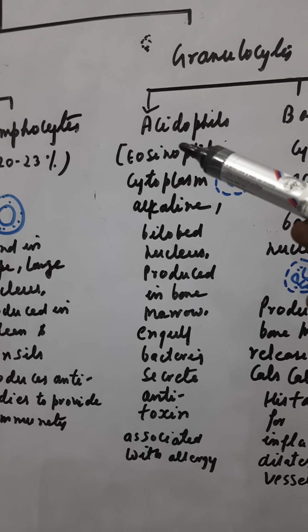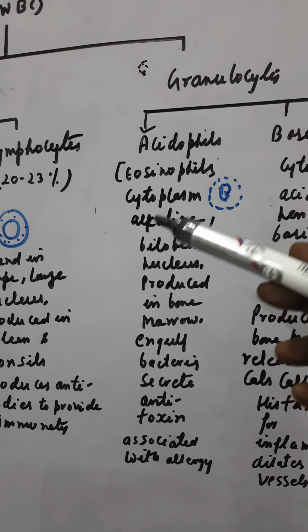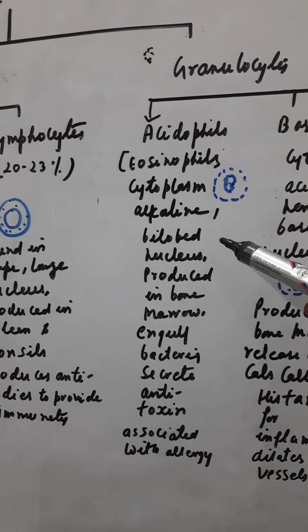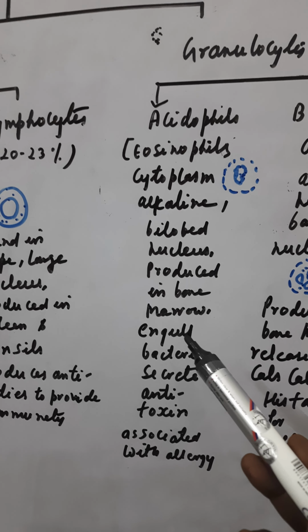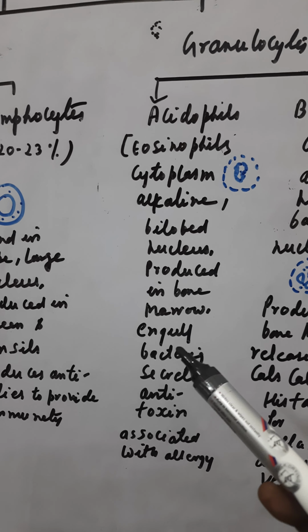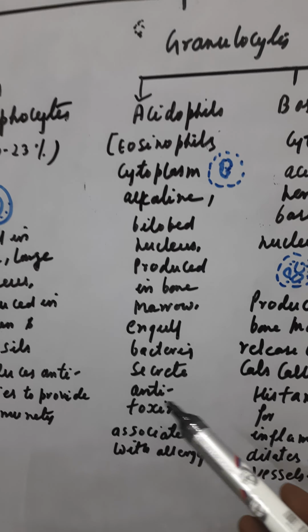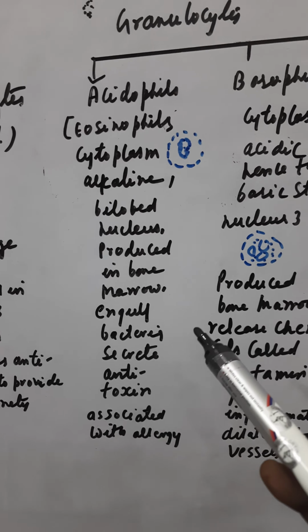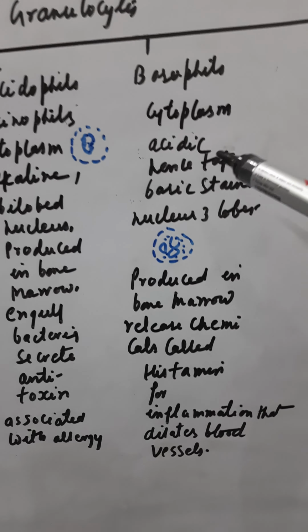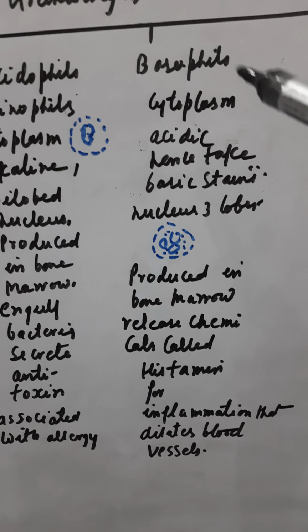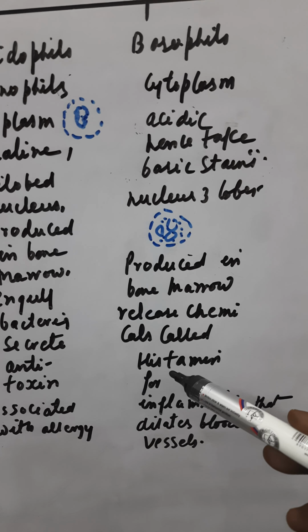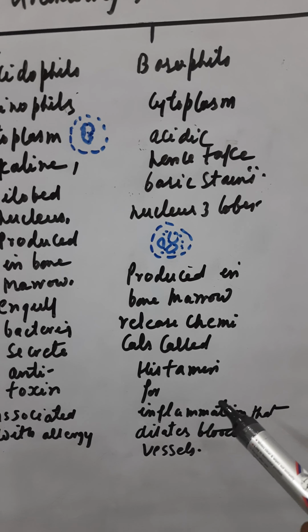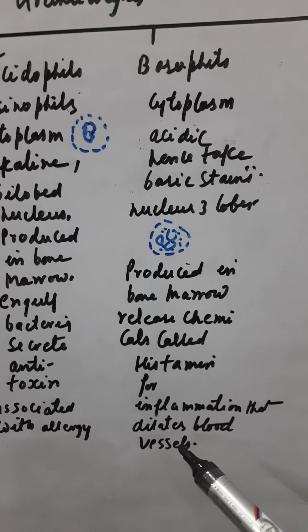Acidophils, also called eosinophils: cytoplasm alkaline, a bilobed nucleus, produced in the bone marrow, and they engulf the bacteria as well as secrete the antitoxins which are associated with allergy. Basophil: cytoplasm acidic, takes basic stain, nucleus three-lobed, releases the chemical called histamine for inflammation that dilates the blood vessels.